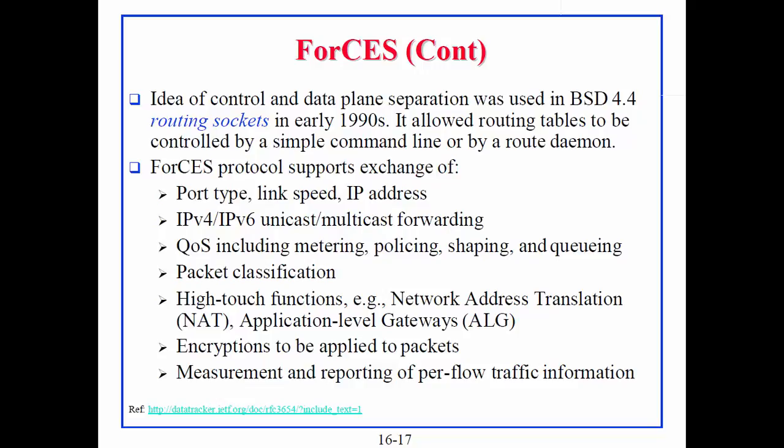It can be used to set up quality of service parameters, including metering, policing, shaping, and queuing. It can support packet classification, and it can even support high-touch functions, basically functions that actually change information in the packets, such as network address translation and application level gateways.